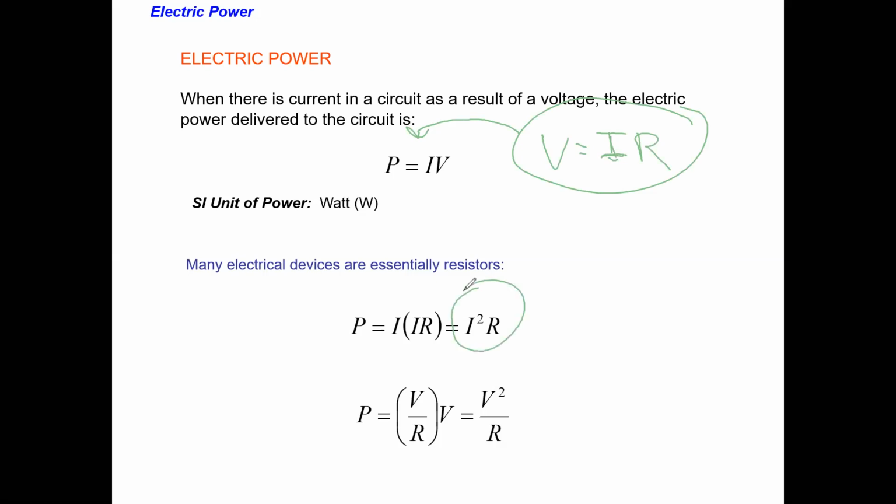P is equal to I squared R. Instead, if we rearrange Ohm's law and solve for I, so I then would be what? V over R, and then plug that into our power equation, we get power is equal to V squared over R. So we've got a couple different forms of the power equation that we can use depending on which one will be the most useful.